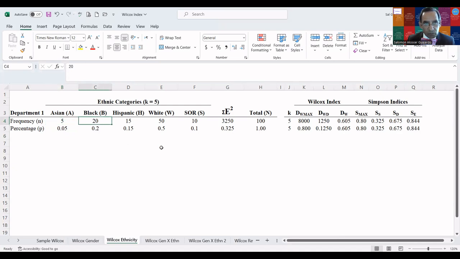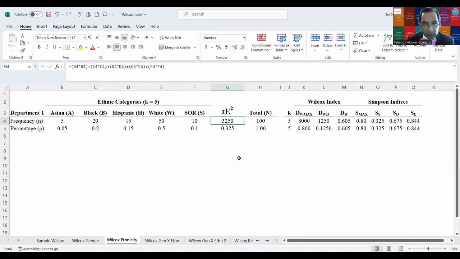I have a Black workforce composed of 20 individuals. A Hispanic workforce composed of 15 individuals. I have a workforce of 50 white employees, and I have 10 individuals of some other race. Again, that gives us a total of 100.